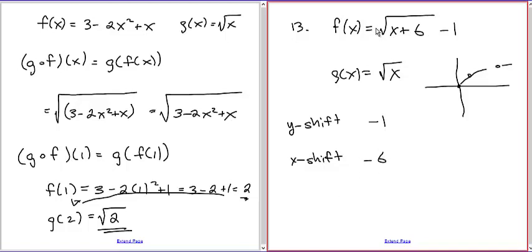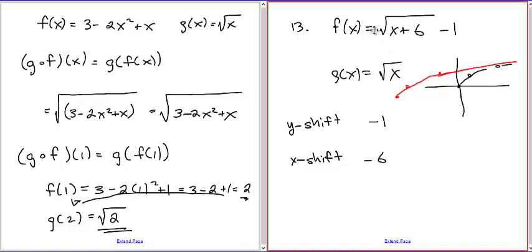Now, there's no x or y axis reflections, and there's no stretching because there's no constant out here, and you just have x by itself in there. So to plot this, you would go minus 1 in the y direction, minus 6 in the x direction, which would be over here somewhere. And then you draw the same curve, so you go over 1 and up 1, and then over 4 and up 2 relative to the initial point, and it would look something like that.